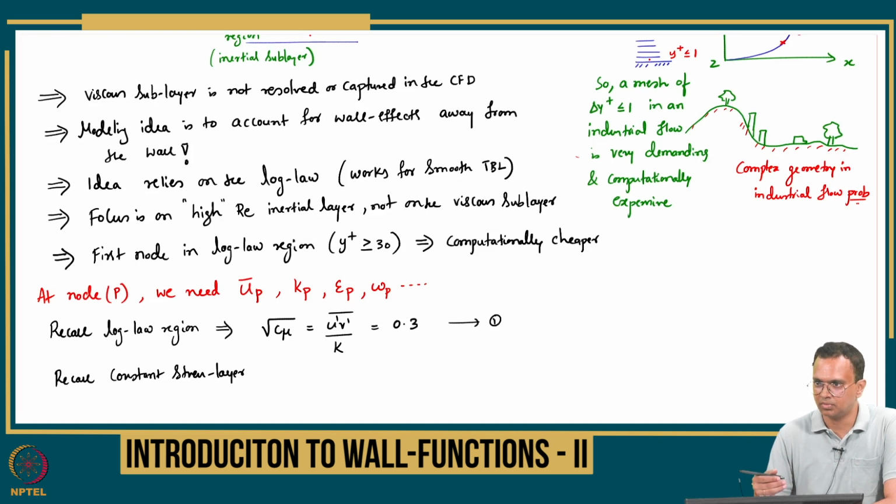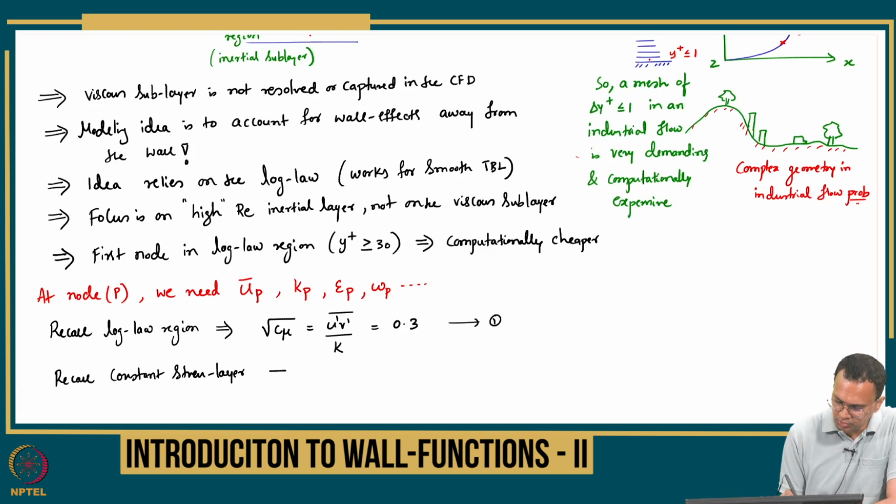So your wall friction velocity or the wall shear stress becomes viscous stress in the linear sublayer, and as you go to inertial sublayer, it becomes turbulent shear stress, and somewhere in between it's a combination of both. That we have learned, right? So using constant stress layer, what we can get is that we have U star square is nothing but your tau W by rho, the wall shear stress, right?